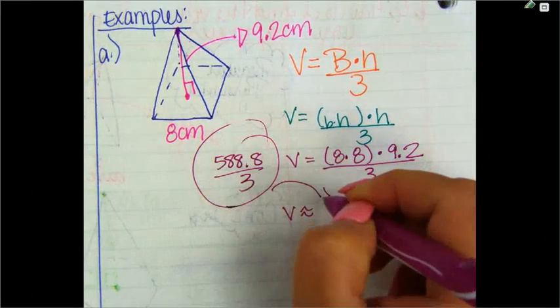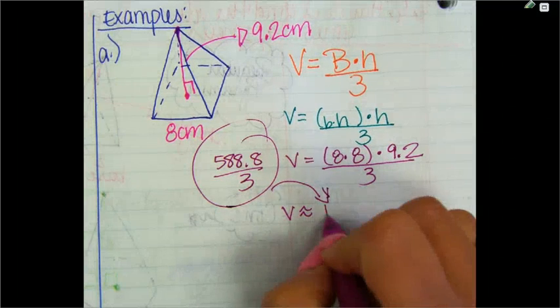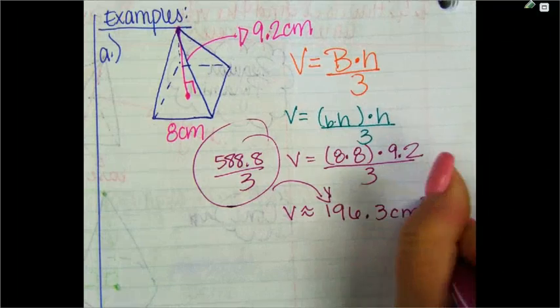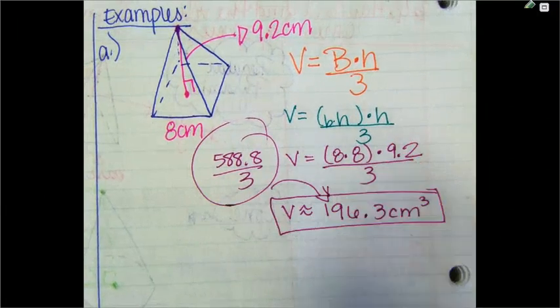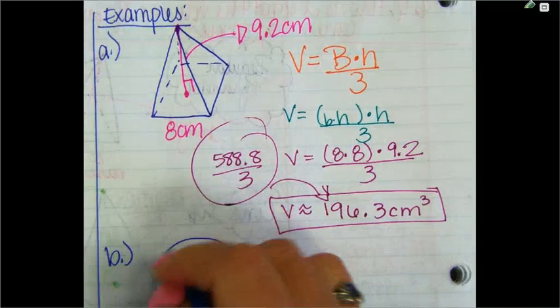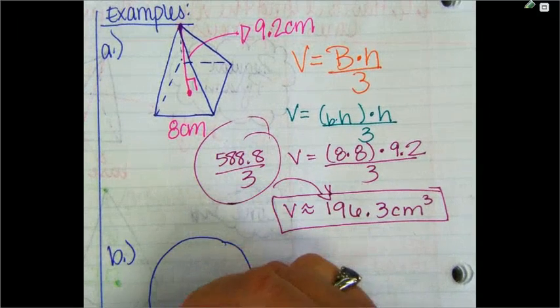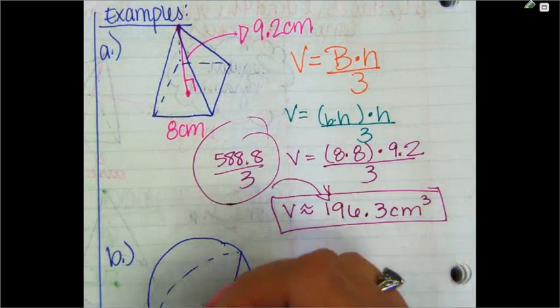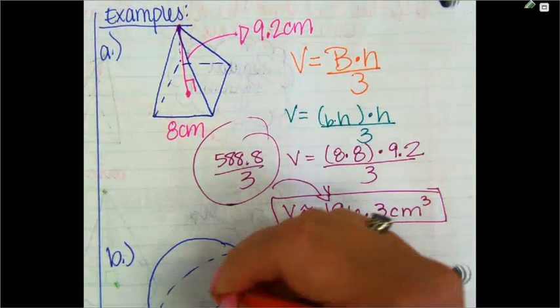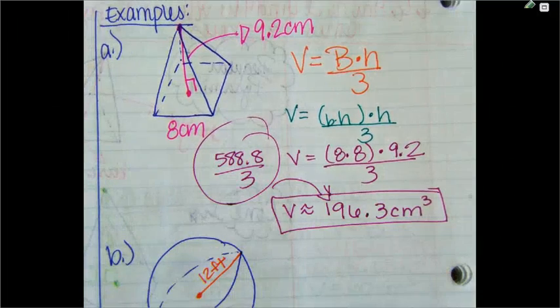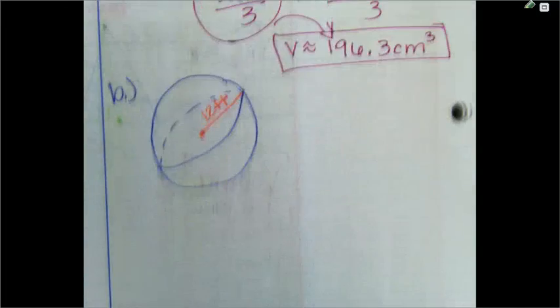And then you're going to give me this one. 196.3 centimeters what? Cubed. Jonathan, are we good? All right, here's your next one.